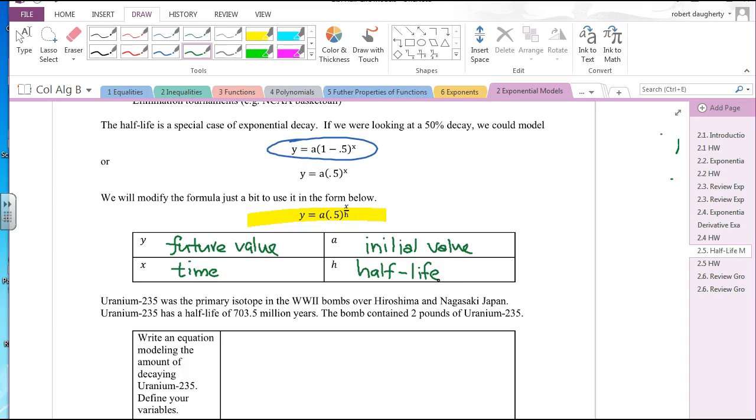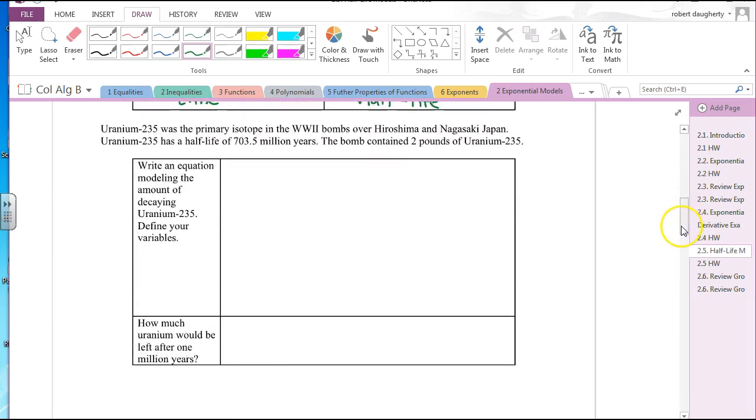So let's look at an example here. Uranium-235 was the primary isotope in the World War II bombs over Hiroshima and Nagasaki, Japan. Uranium-235 has a half-life of 703.5 million years. The bomb contained 2 pounds of uranium-235.